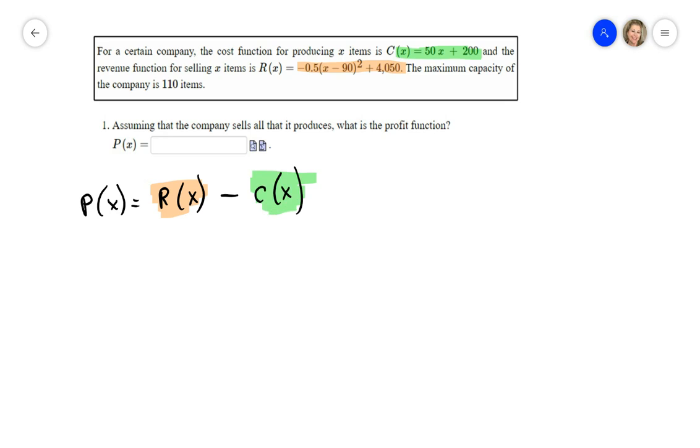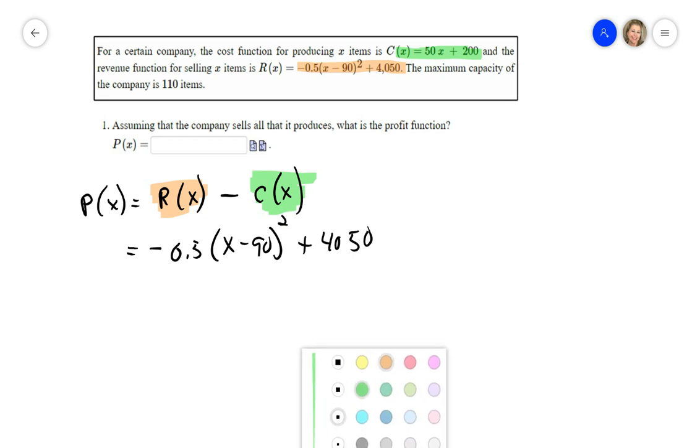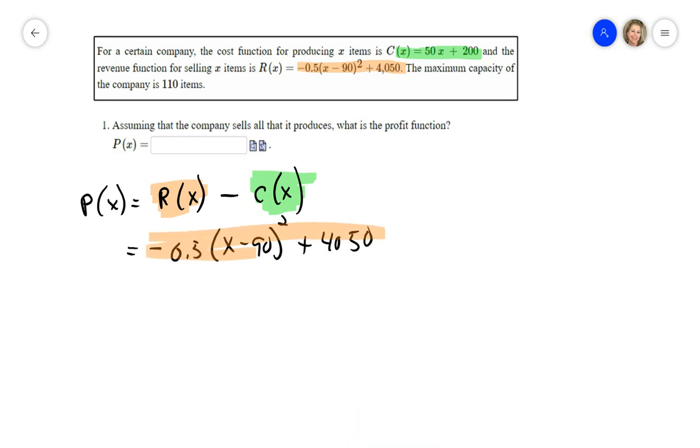So I am going to plug those in, and it's going to be a negative 0. Let me go to the next line. Sorry, need more space. Negative 0.5 times (x minus 90) squared plus 4050. That is my entire revenue function.